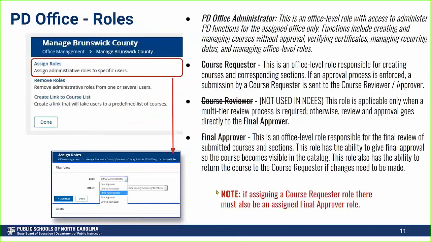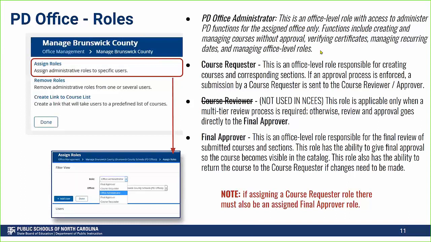So in our PD office, we're going to look at the roles that are in there. You have the PD office administrator. They can create courses without getting anybody's approval, so they don't have to submit their courses for approval. A lot of our districts just use the PD office administrator to create the learning opportunities. They can verify certificates.